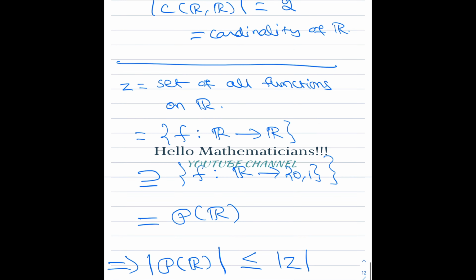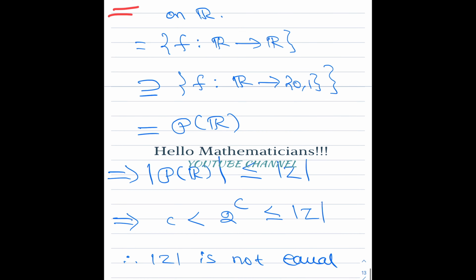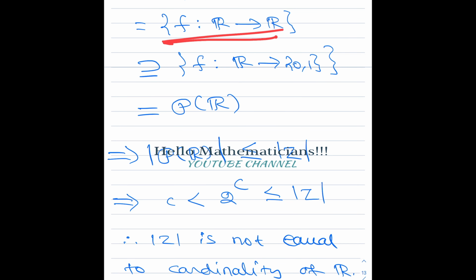We come to the last set. Z contains the set of all functions on R. We collect all the functions from R, that is our Z. Now this set has a subset.